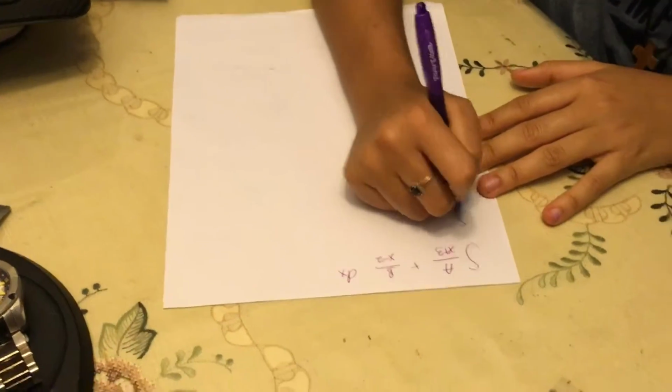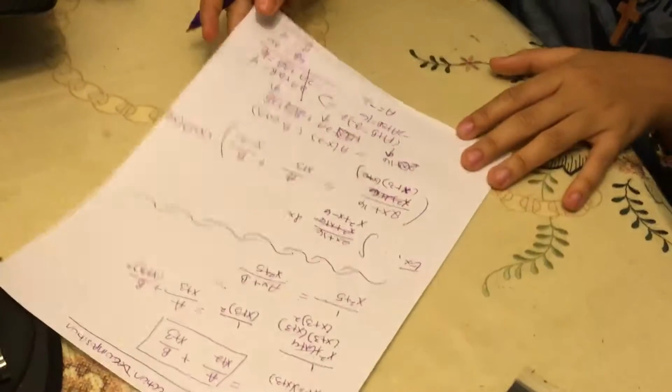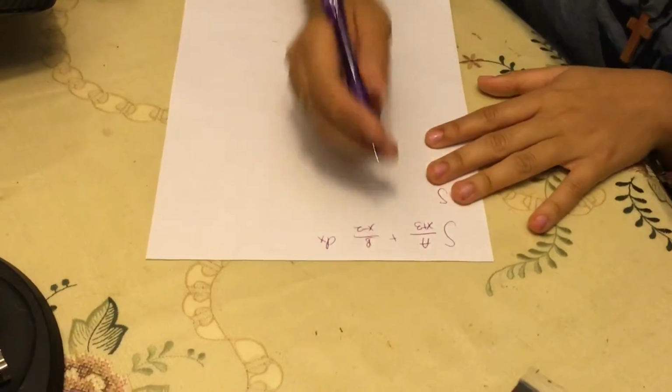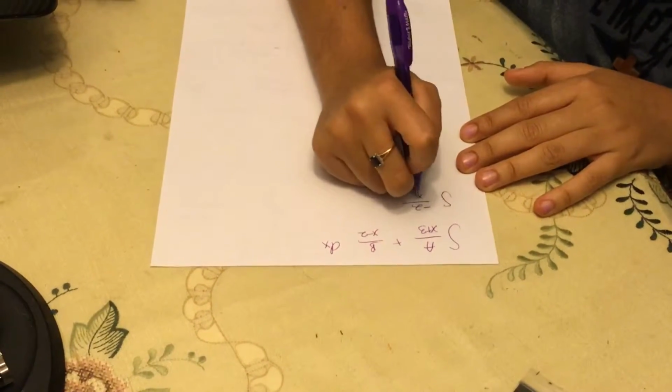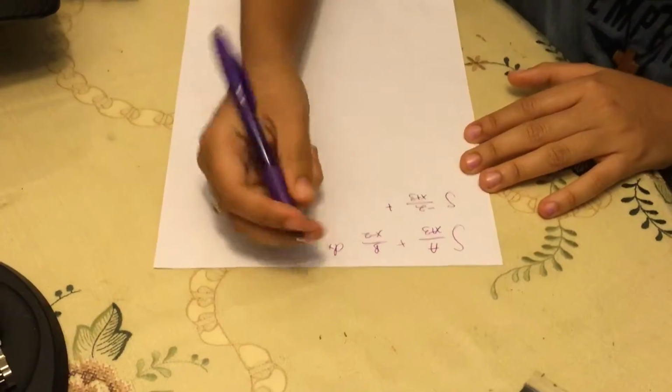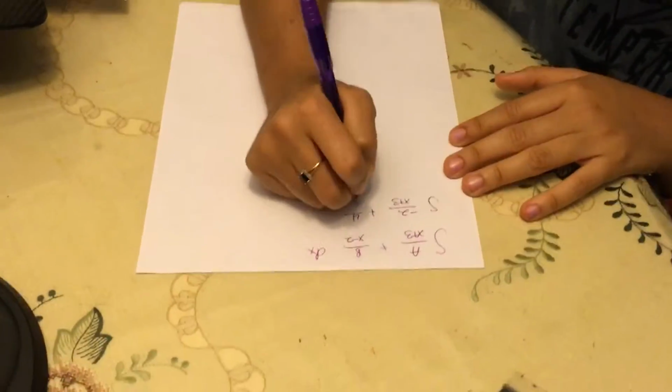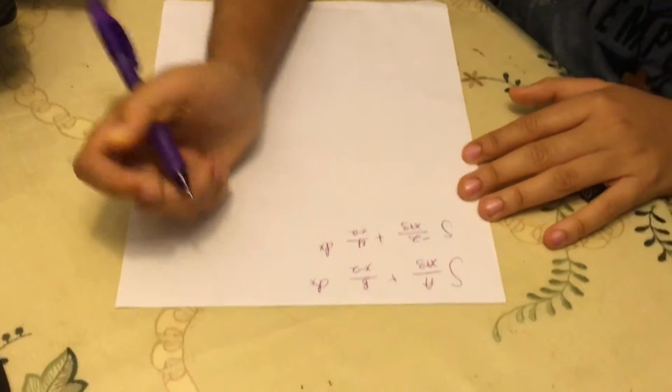Anyway, so we found that a was -2 and b was 4. So -2 over x plus 3 plus 4 over x minus 2 dx.